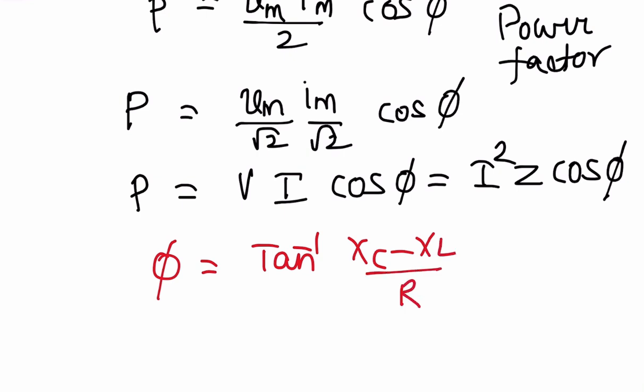Whether phi is positive or negative, depends on that, we will get the power. Power dissipated depends upon the value of phi, and phi may be non-zero in an RL, RC or RLC circuit, that is, the LCR series circuit. So power is dissipated only in the resistor. So this is all about the power.